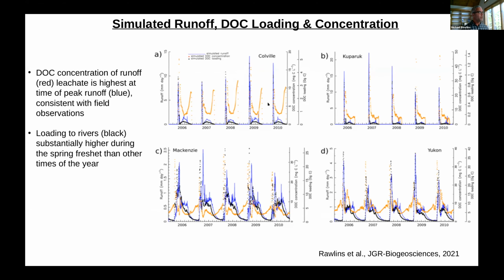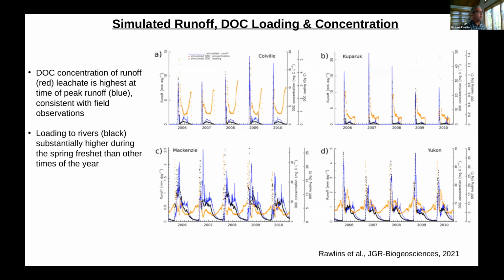For the Mackenzie and the Yukon, the timings aren't quite as close as they are for the North Slope, but still we're getting that pattern, particularly there, if you can see for the Yukon, much, much higher DOC exports at the time of the peak runoff.